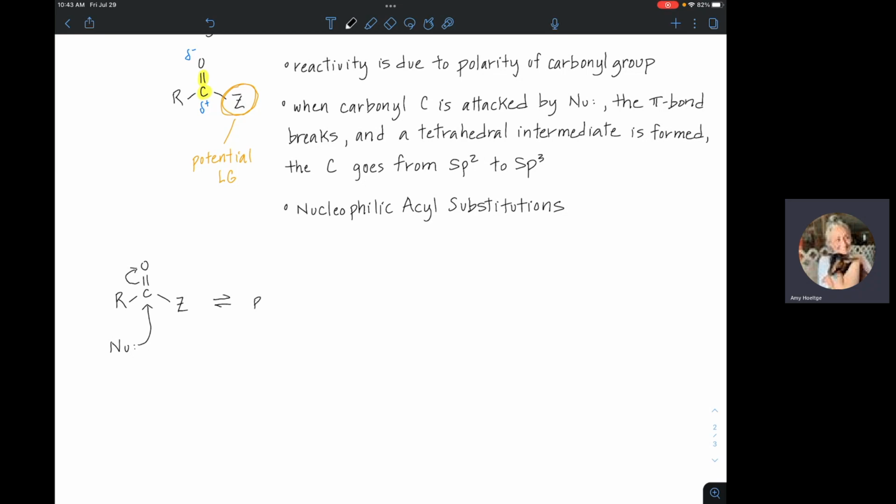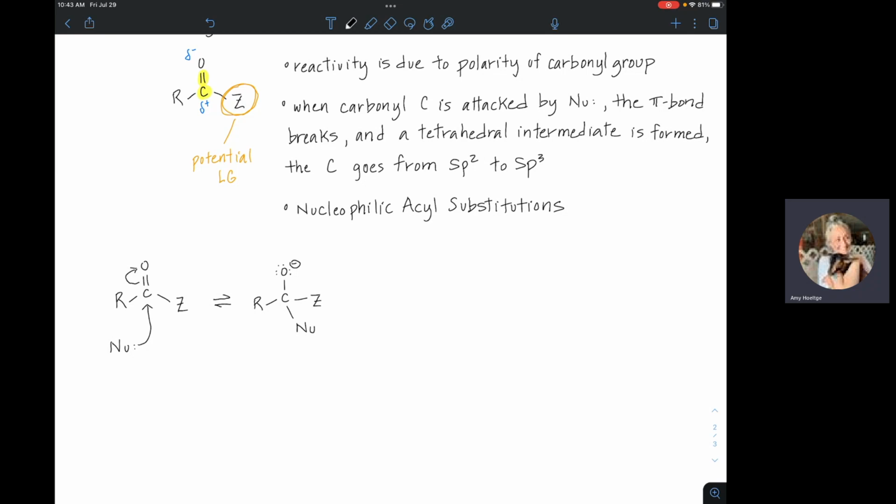And we get our tetrahedral intermediate. We've gone from an sp2 hybridized carbon to an sp3 hybridized carbon just for a moment. And you formed a new bond there between the nucleophile and the carbon of the carbonyl.